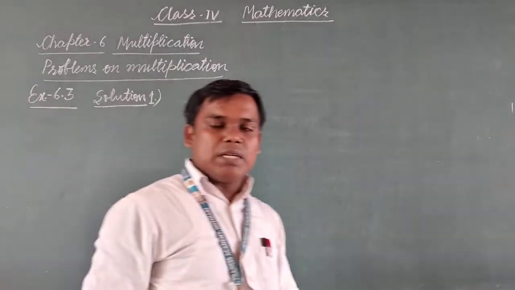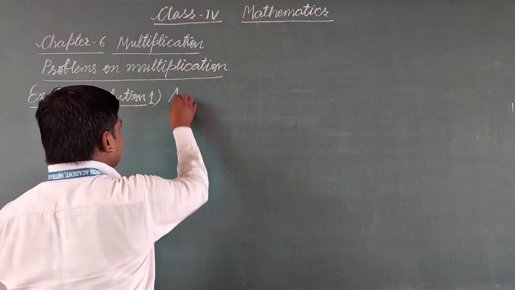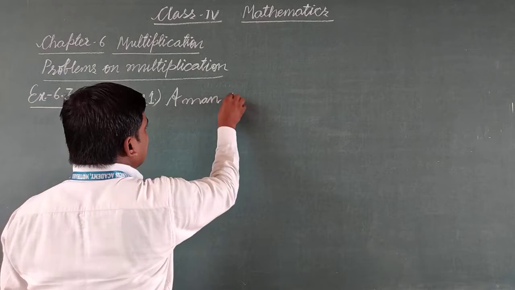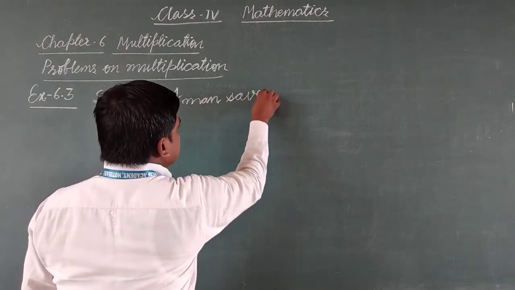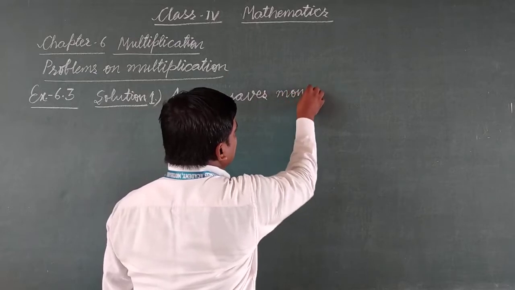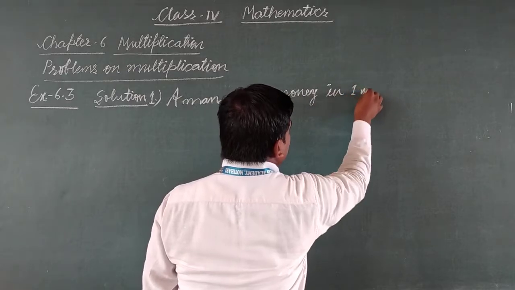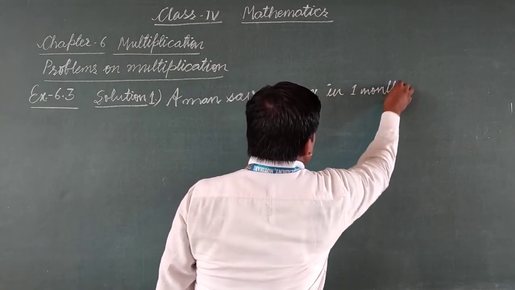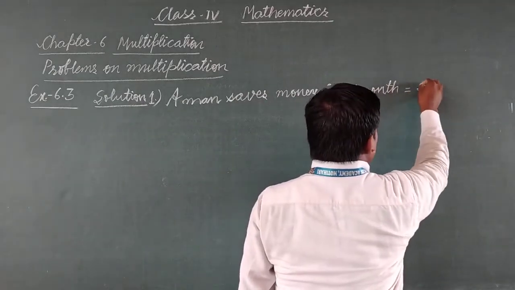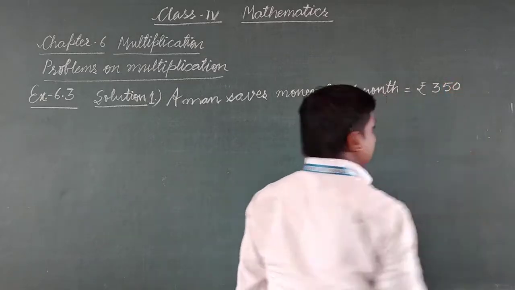A man saves money in 1 month is equal to rupees 350.